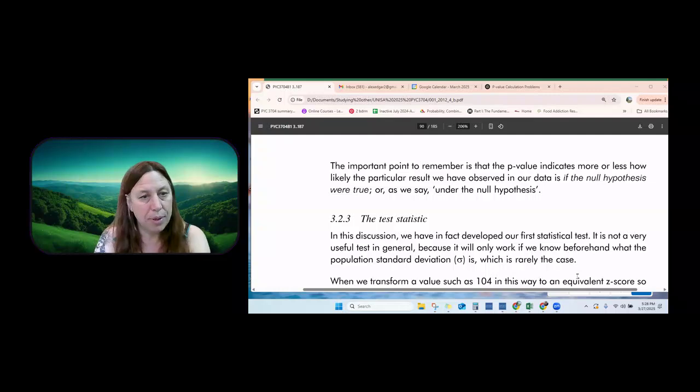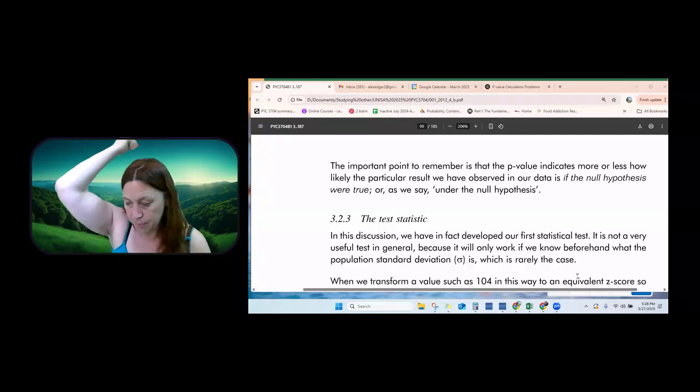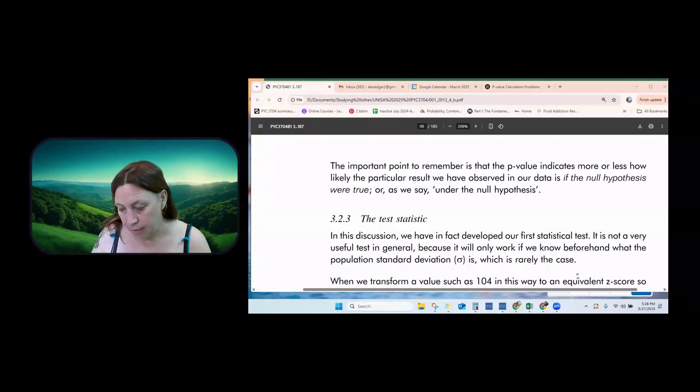Okay, remember that the p-value measures the probability that the null hypothesis is true. So we calculate the p-value for our particular experiment, our particular sample. And we do this in a test statistic. A test statistic tells us what the p-value is.